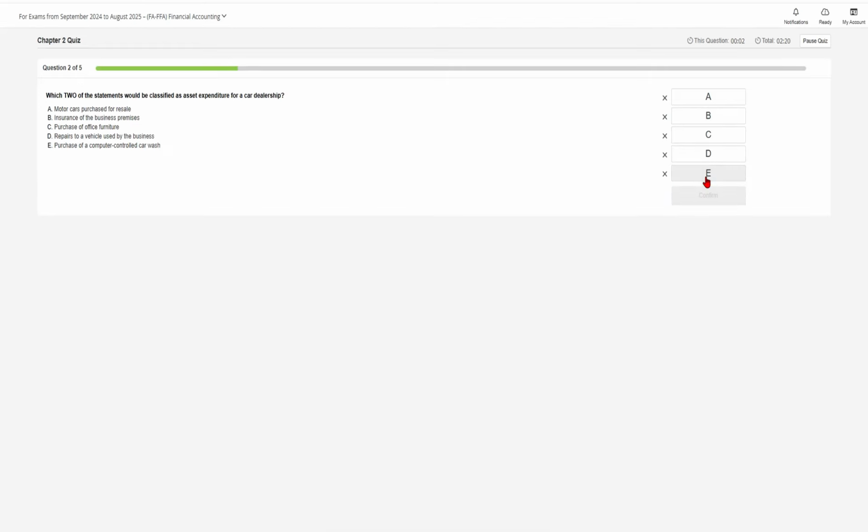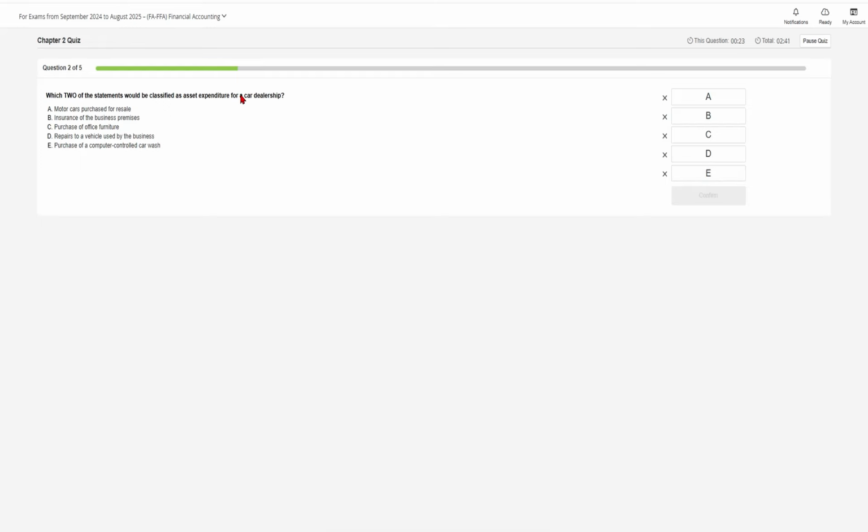Second question, which two of the statements would be classified as asset expenditure for the car dealership? Asset means there are two types of asset, current and non-current asset. And how can we classify current and non-current asset? Basically how long we are going to use it.